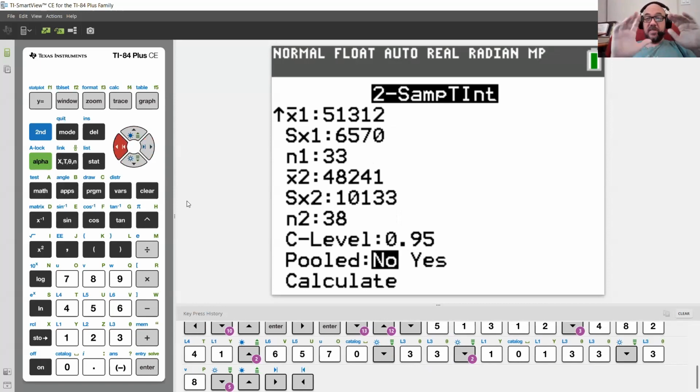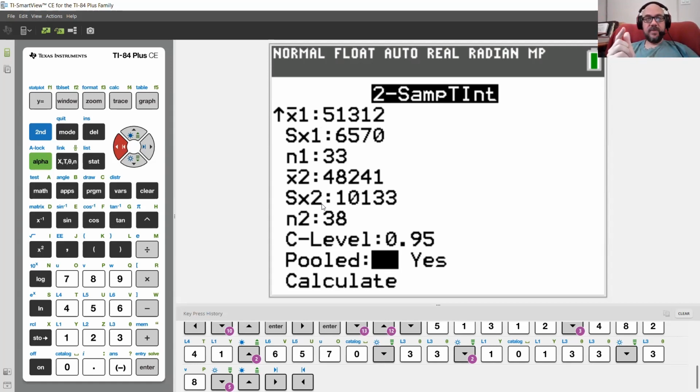The TLDR version of this is leave pooled on no. Now let me explain why. Pooled asks: if you can assume that S1 and S2 are two samples from populations with the same standard deviation, and therefore their population standard deviations are equal, then you can do some fancy stuff and get an interval that is very marginally more precise.